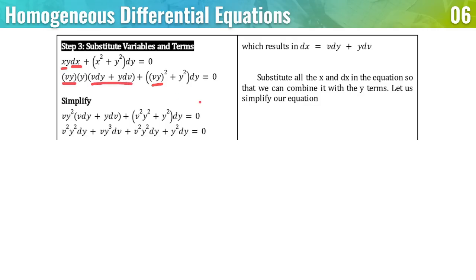So again, this is done so that we can make the homogeneous differential equation into a variable separable. So simplify. After multiplying this, you get vy squared, and then you distribute it to the terms.